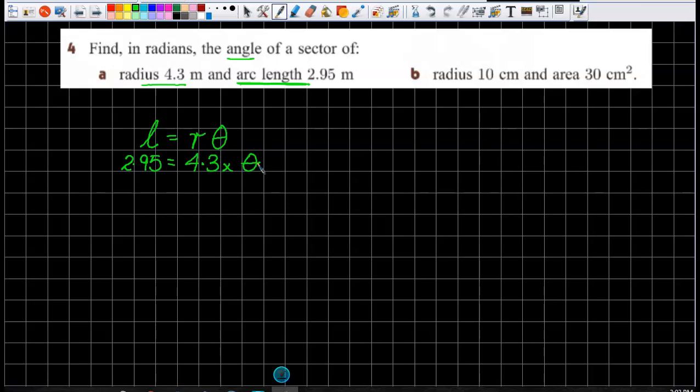B, pretty much the same, except for what? You don't have the arc length. What do you have? Right. So instead of writing down the arc length formula, you will write down the area formula. What was it again?